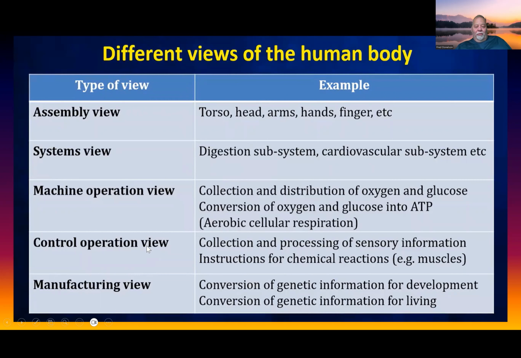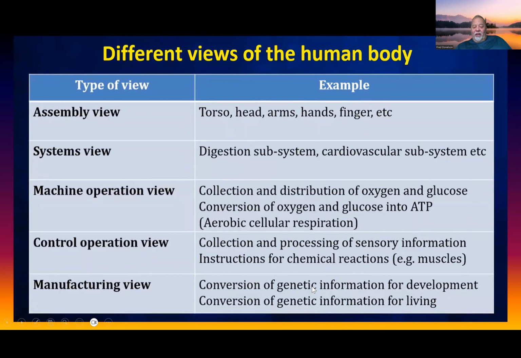And then you have these control things. You have to collect and process sensory information in your nerves, and you have to have instructions in order to have the chemical reactions that occur in your body, and all the enzymes and stuff that are used for that. And then, of course, there is this whole overall manufacturing view.